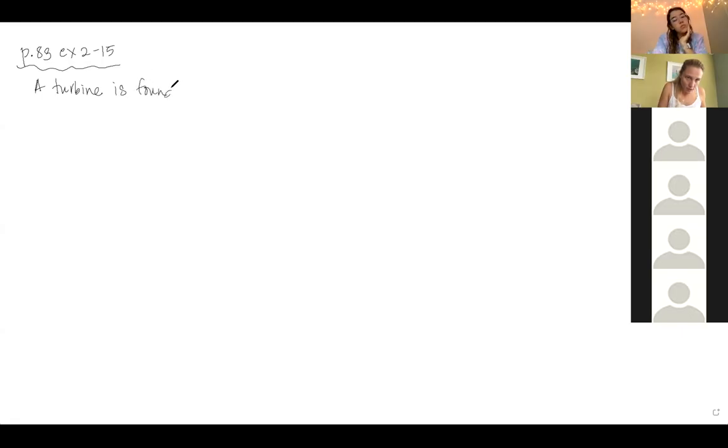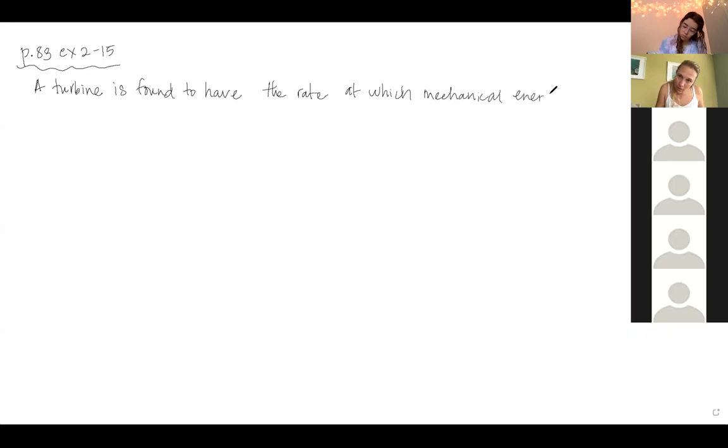The turbine is found to have the rate at which mechanical energy of water is supplied to be, sorry if that English is weird, I'm trying to rework the problem a little bit, 1,031 kilowatts.